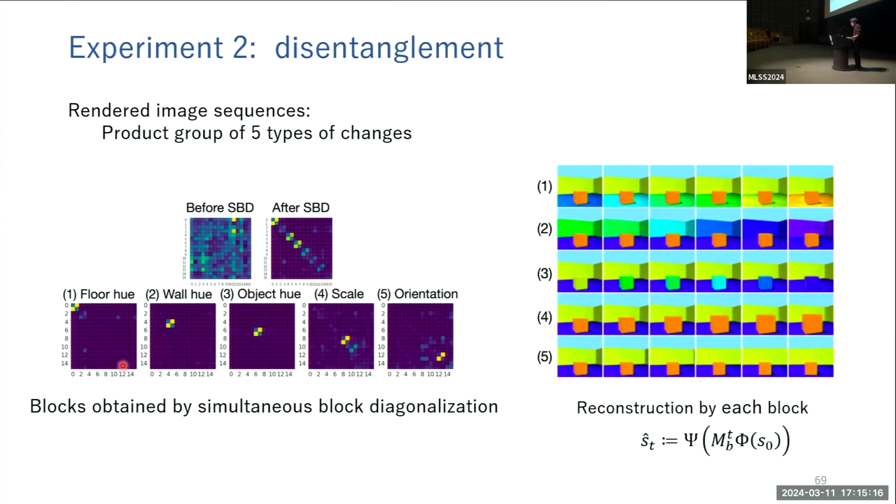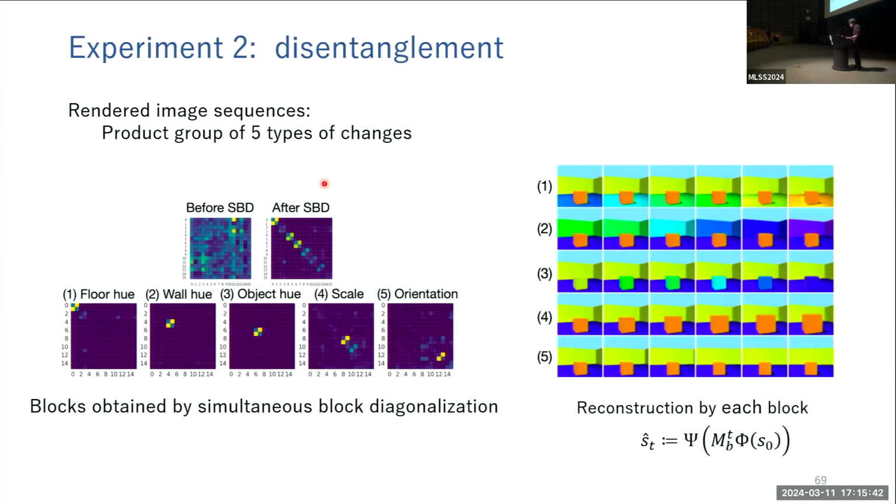And if we take each block and apply only one of the blocks to shift the latent variable, and decode the image, then we have sequences changing only one of the 5 group factors.